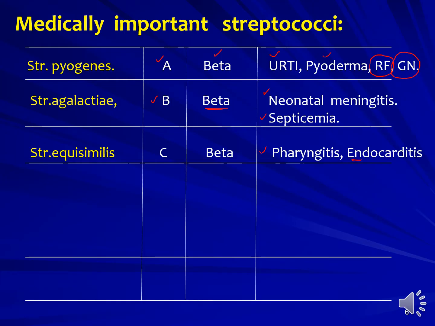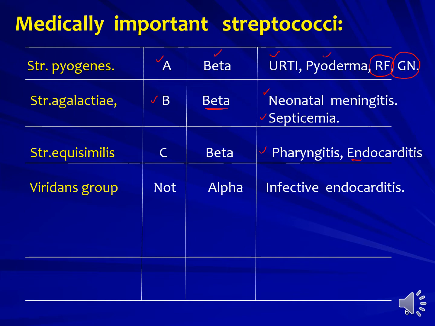And the next important group is the viridans group, otherwise called the alpha hemolytic streptococcus group.